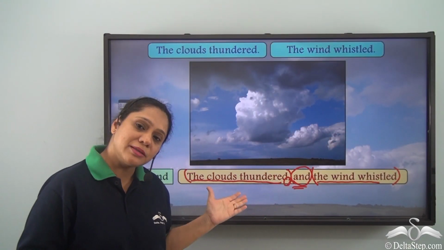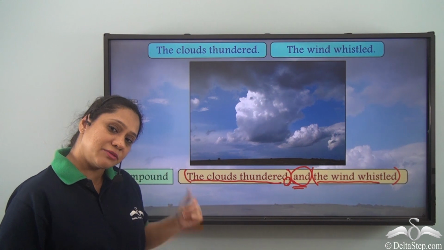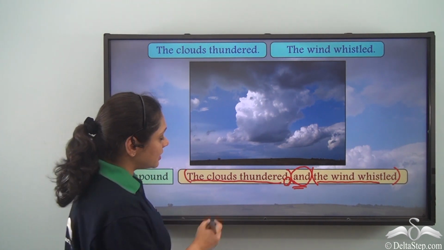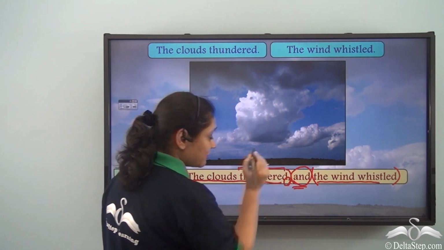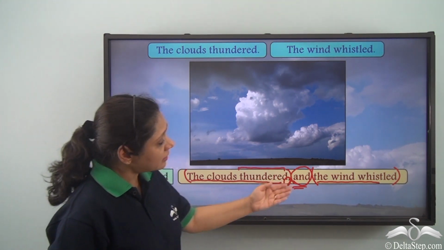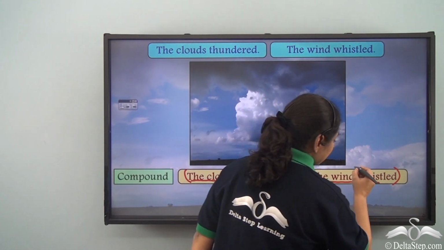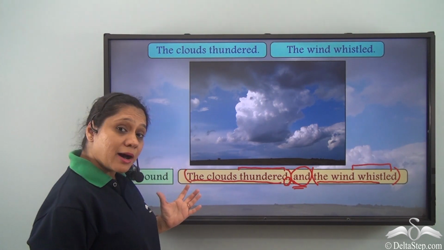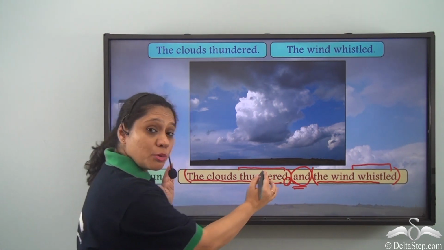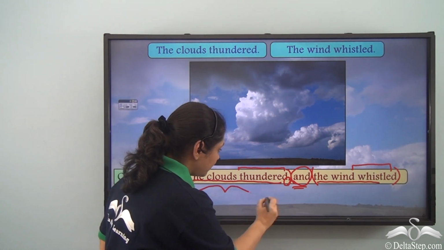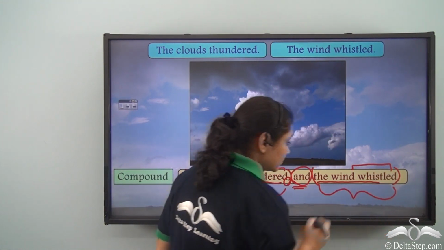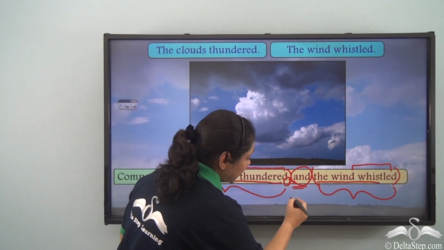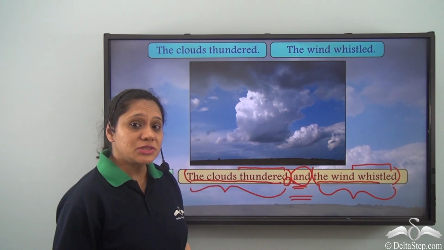Now let us identify the finite verbs in the new sentence that we have formed. What are the finite verbs here? The clouds thundered. So thundered is one finite verb, and the wind whistled. Whistled is the second finite verb here. So we have learned that a compound sentence has two independent clauses with two finite verbs and is joined by the coordinating conjunction.